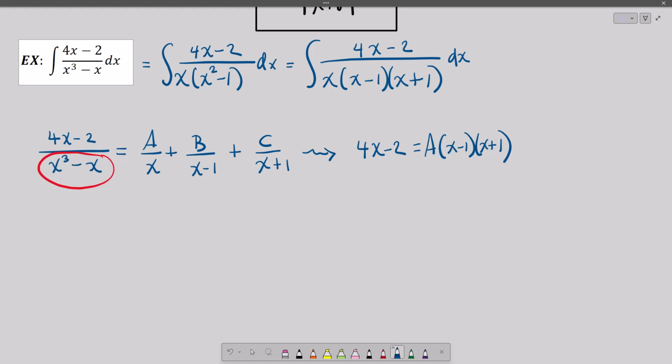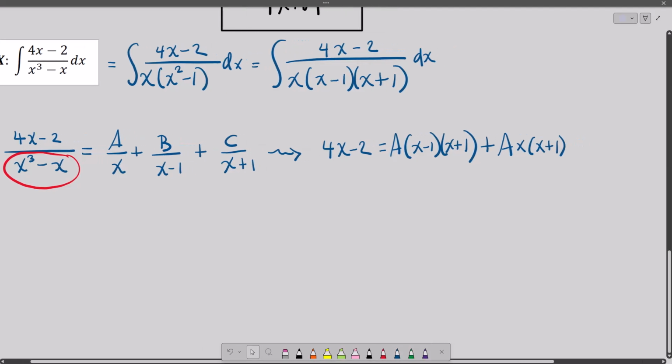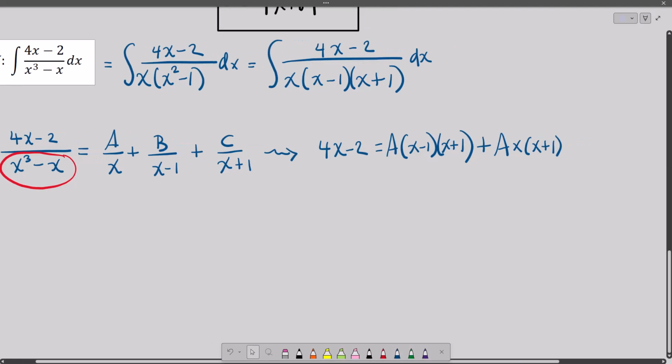Does everybody see that? So we're taking this factored denominator right there. There it is factored. Multiply it by the first term, the x's cancel. Now we take it and multiply it by the second term, and the x minus 1s will cancel. We'll get a times x plus 1. And then that will be b? b, thank you.